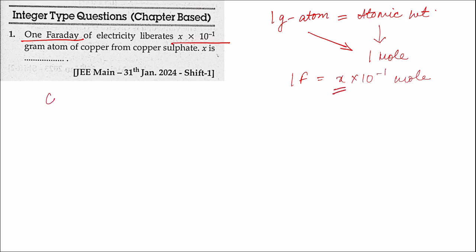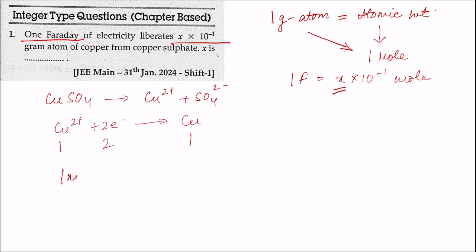First of all, write the reaction. Here in copper sulfate, copper is present as Cu2+ ion. So when copper is liberated, Cu2+ ion accepts 2 moles of electrons and it changes to copper atom. According to this balanced equation, moles of copper ion is 1, moles of electron is 2 and moles of copper liberated is 1. So 1 mole of copper atom is liberated from 2 moles of electrons. To deposit 1 mole of copper, 2 moles of electrons are required. Now the charge carried by 1 mole of electrons is also known as 1 Faraday.